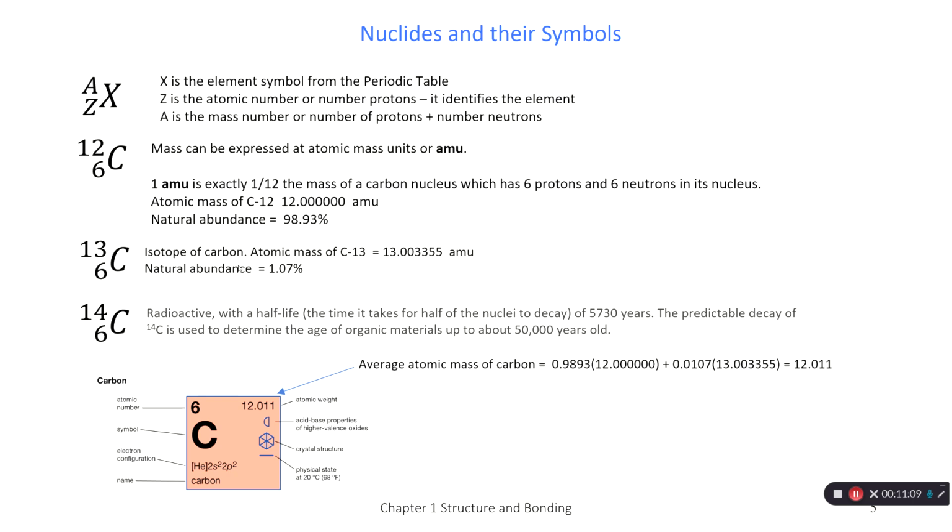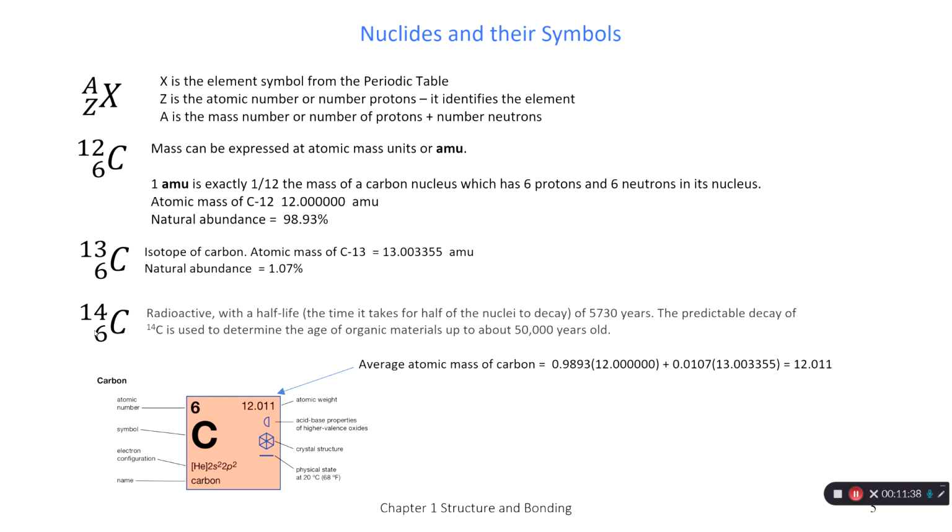It's an isotope of carbon because it has a different mass. And its atomic mass is not exactly 13, but you can see here that it's got all these decimal places, 13.003355 AMUs. What's its natural abundance? Well, its natural abundance is 1.07%. And so these two together make up about 100% of the carbon in nature.